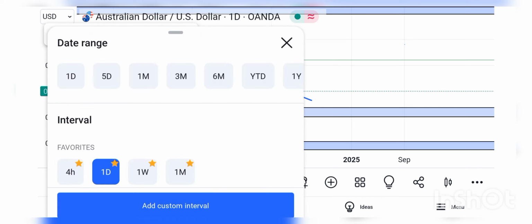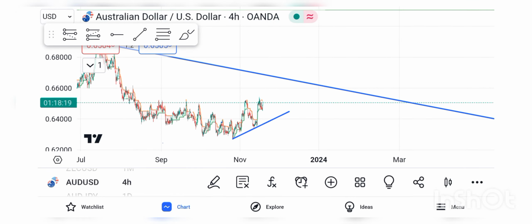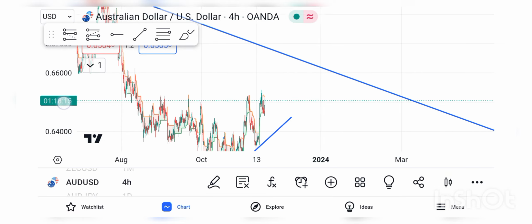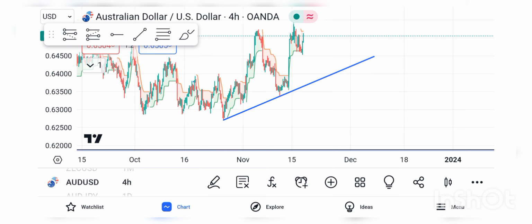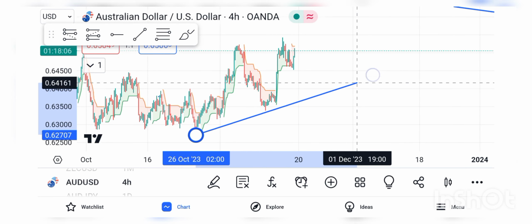Okay, so let's look at the 4-hour time frame and see what's going on. Our daily trend line still holds, but this time around we have a counter trend line on the 4-hour, like you've already seen.